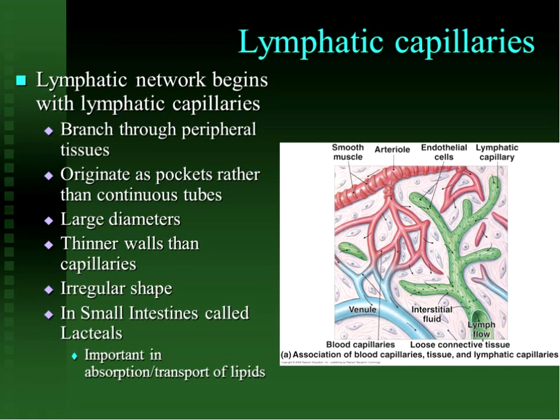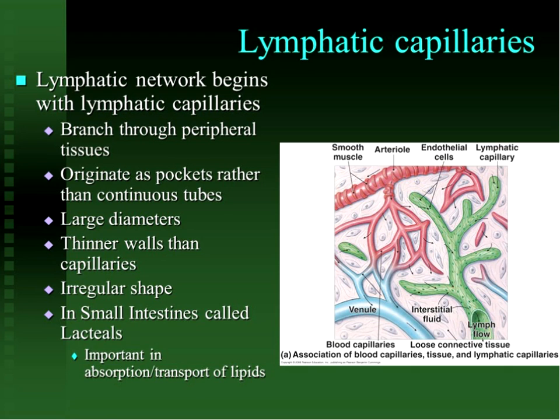Because that fluid would collect and cause problems, these lymphatic capillaries can start to collect that excess fluid and return it to the venous system. So they originate as kind of these little pocket areas with open pores that allow fluid to seep in and then collect and be returned to the vasculature in the veins.